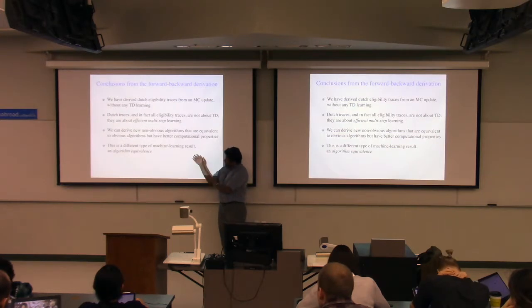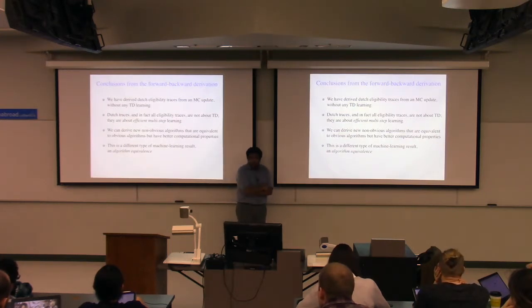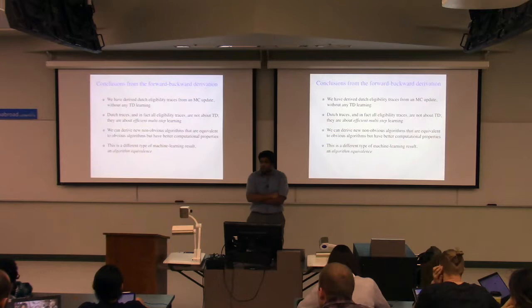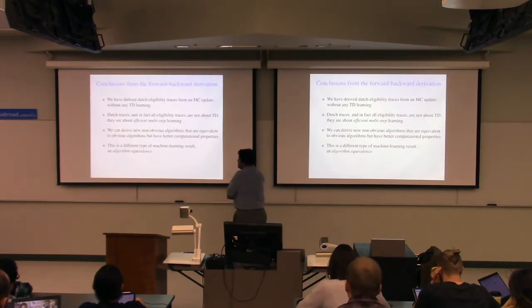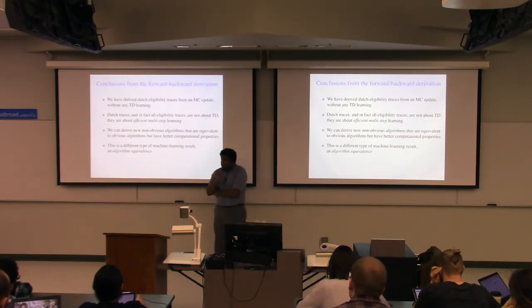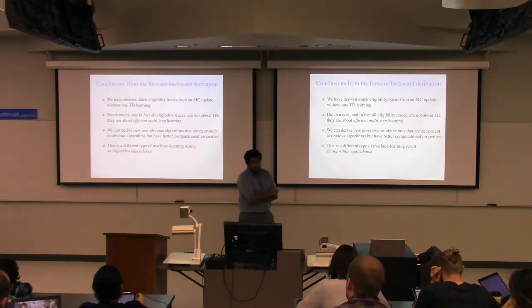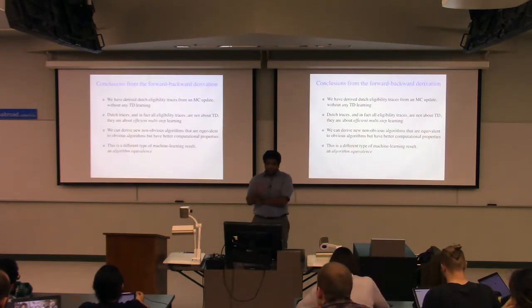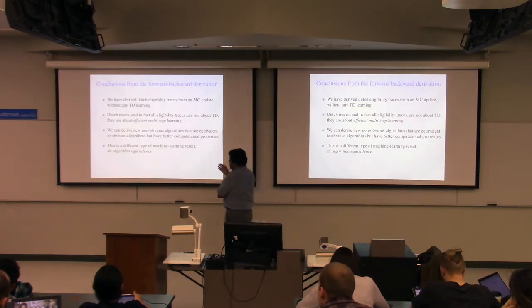This is a different type of machine learning result than ones you'll have seen before, because this is an algorithm equivalence. It's not saying that this is a better algorithm, or that it'll get a different result. It's just getting the same result in a computationally more efficient way.